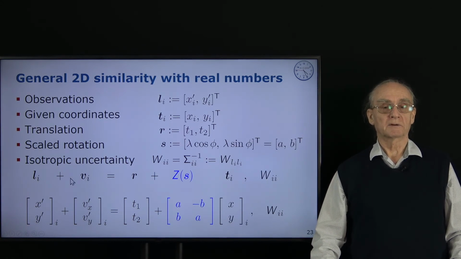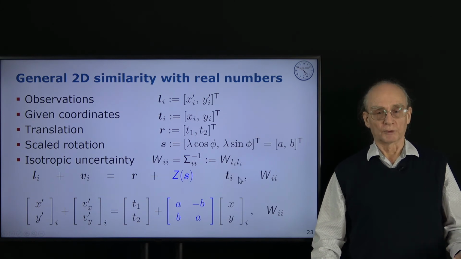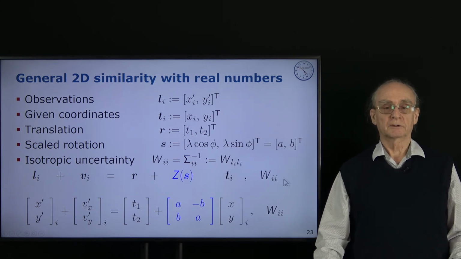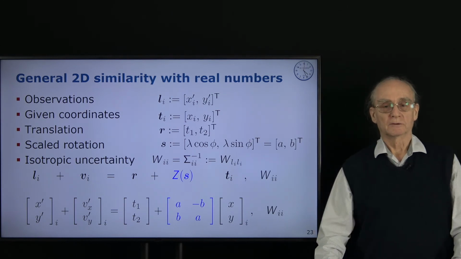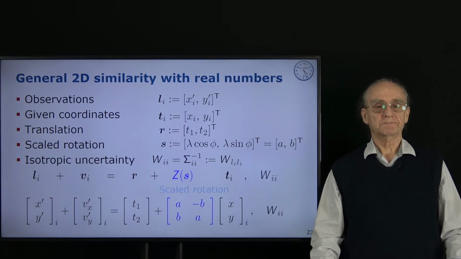So this would be the vectorized form for each individual observed point. And we have a general weight matrix which has only diagonal terms for each point. So the points are uncorrelated.